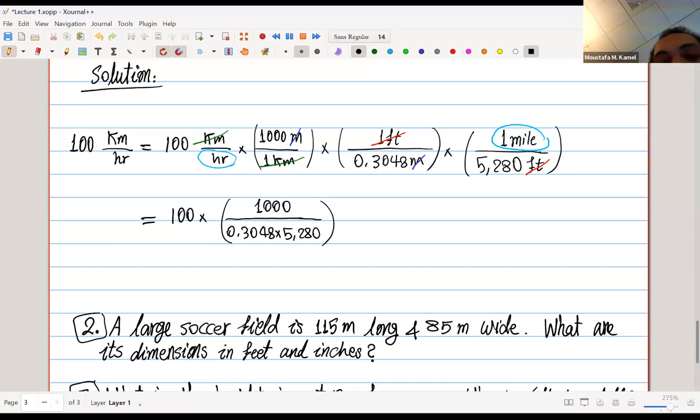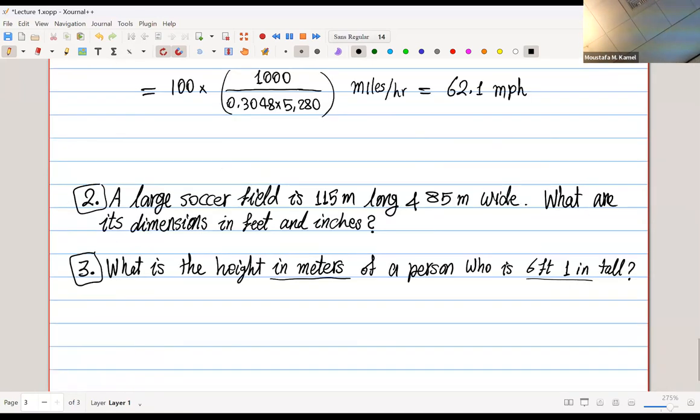And this answer will be miles per hour. And I calculated that earlier. It is 62.1 miles per hour. Okay. Is that what you guys got? Okay, great.